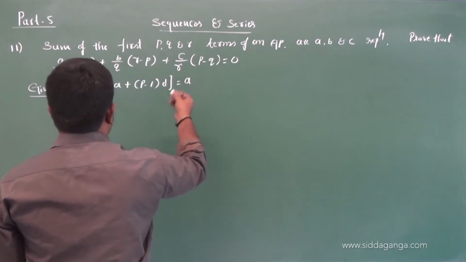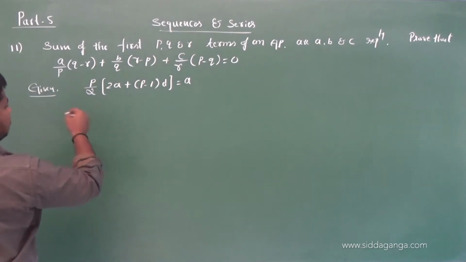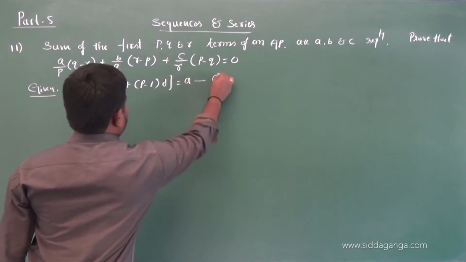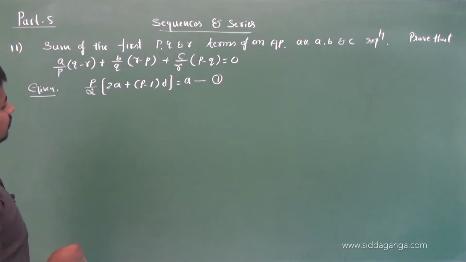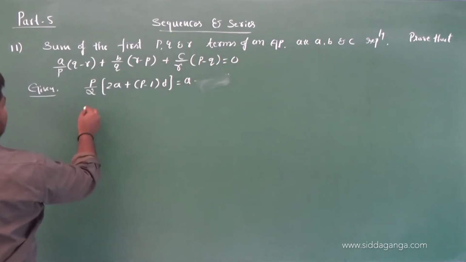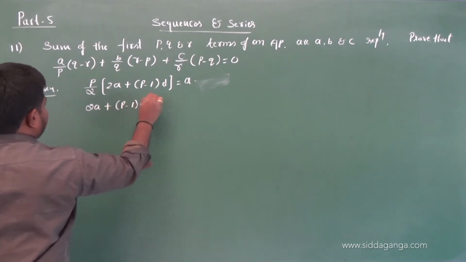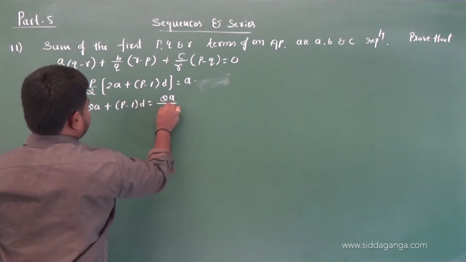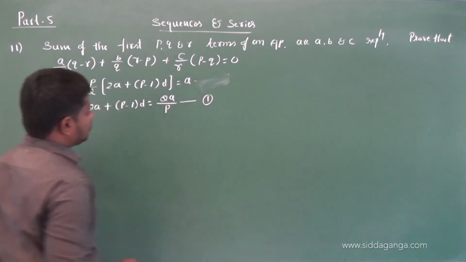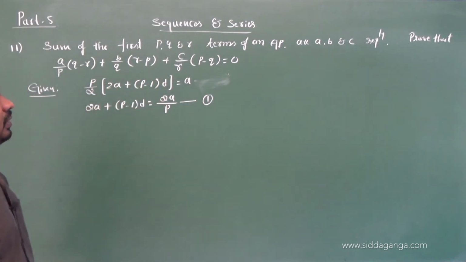Or you can write this as 2a plus (P minus 1) into d is equal to 2A by P, taking the P by 2 to the right side. Take it as equation 1. This is using the sum of the first P terms of an AP, which is equal to A.